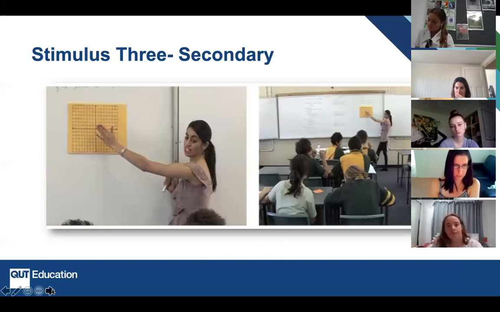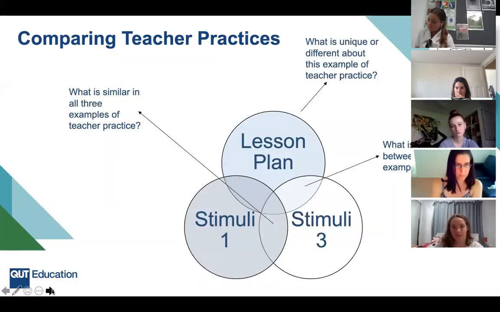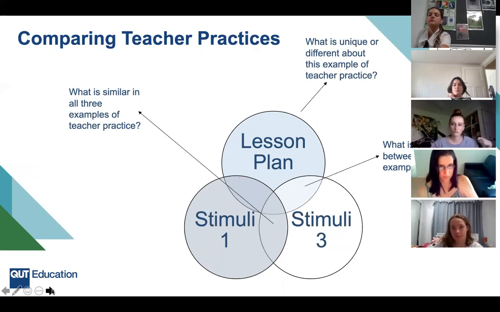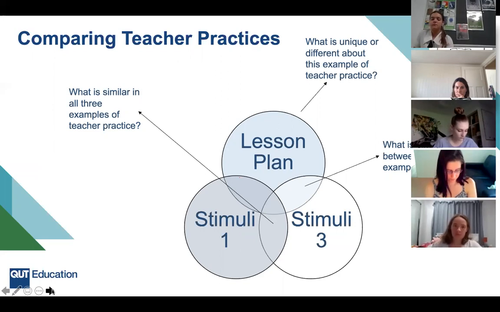Okay, so reflecting on the actions and considerations from the three stimuli, I asked you to collate the data you've collected into a Venn diagram. So early childhood and primary would have had one that was different to secondary. Those of you who are watching the clip at home, I would like you to do the same.